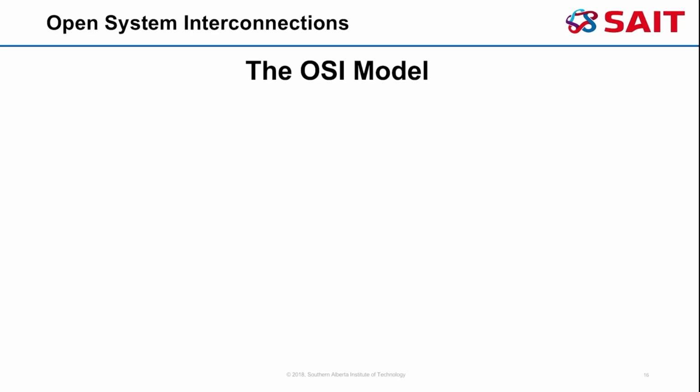So here's where we talk about something called the OSI model. It stands for Open System Interconnection. And the way I start by trying to explain the OSI model is, how did it come about? When the internet first took off, it took off at a rapid rate.